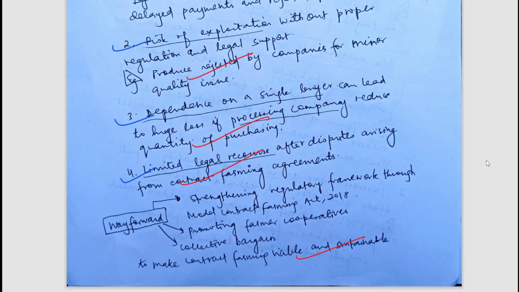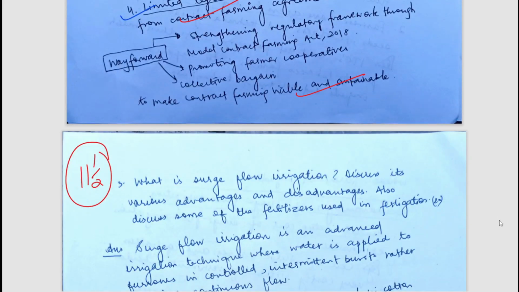Many times in disputes, the small and marginal farmers are not able to properly fight with the big agribusiness firms, and they are always at risk. So these are some of the problems, and the way forward has also been mentioned. You can read this. Now let's move to the next question.